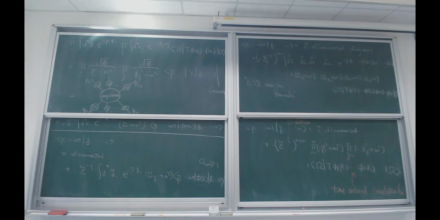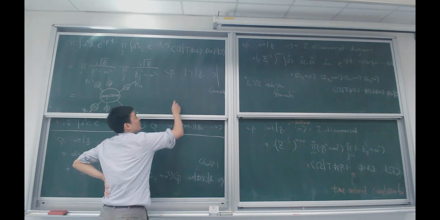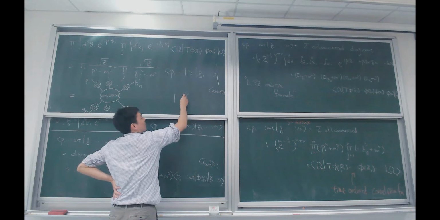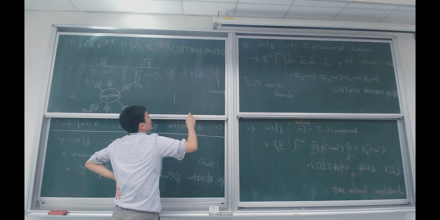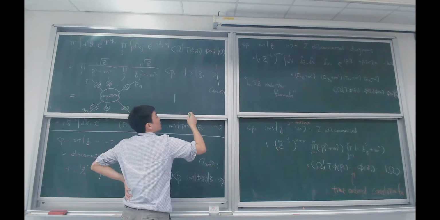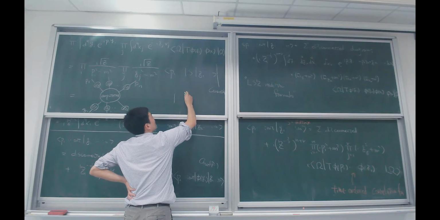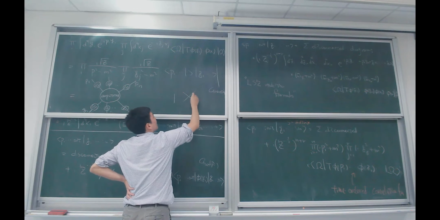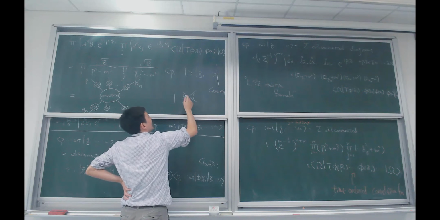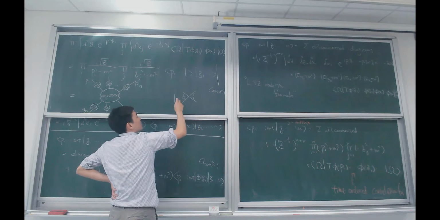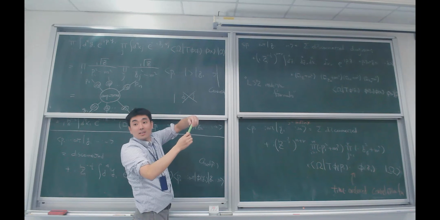And amputated means that you cannot separate. For instance, you cannot have this kind of diagram, whatever. It depends on the theory you consider. Here I consider scalar theory. Anyway, okay, this is not amputated, because they can separate, right?